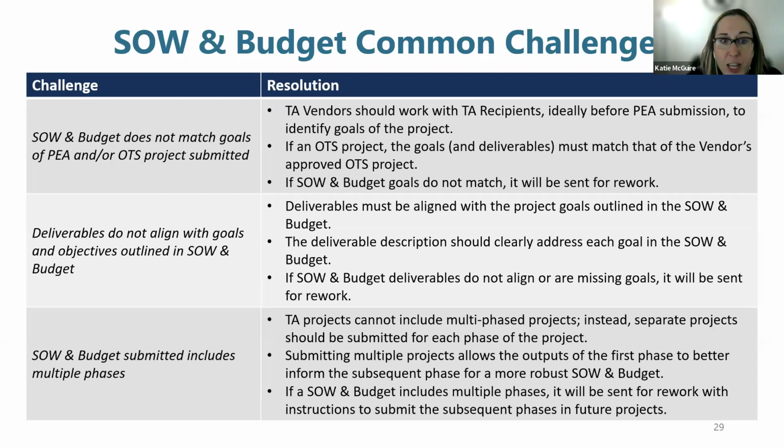The first phase would be one project, and that would better inform the subsequent phases for the new SOWs that will be submitted at a later time. If it includes multiple phases in the one project, it will be sent back for rework with instructions to submit subsequent phases in future projects once the work has been identified.